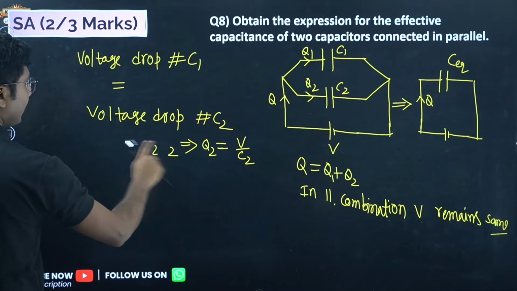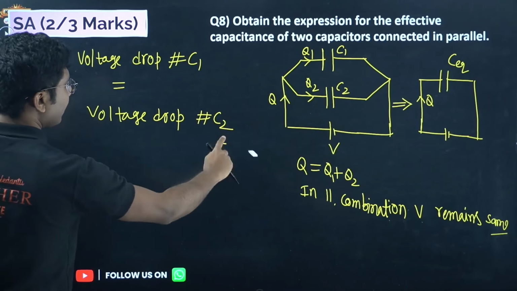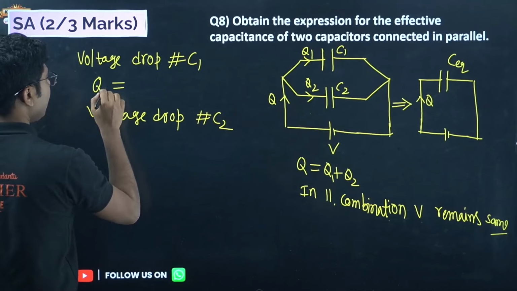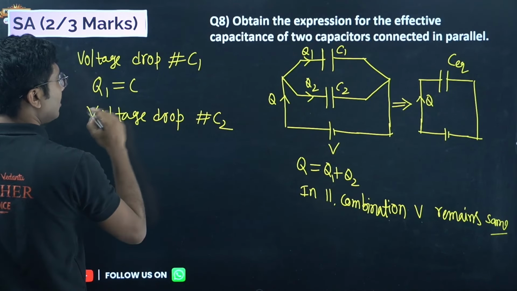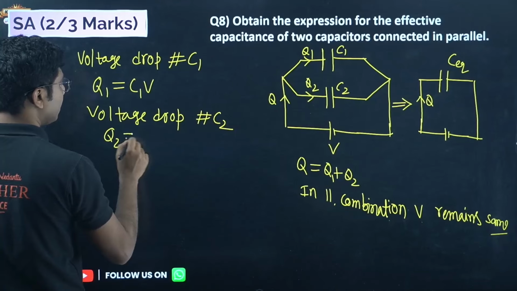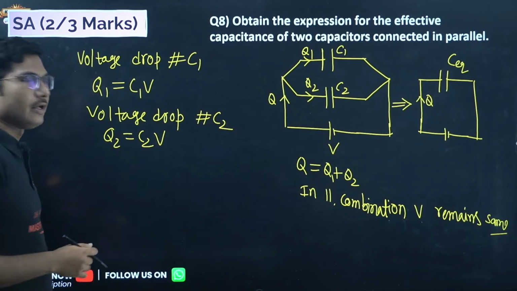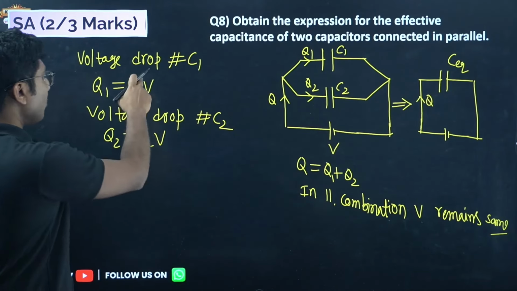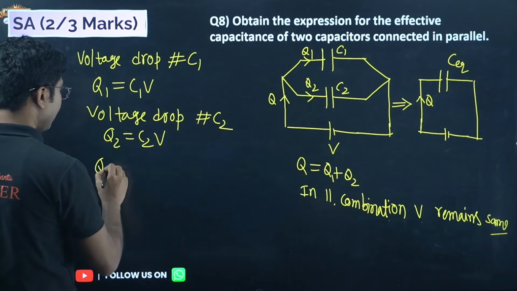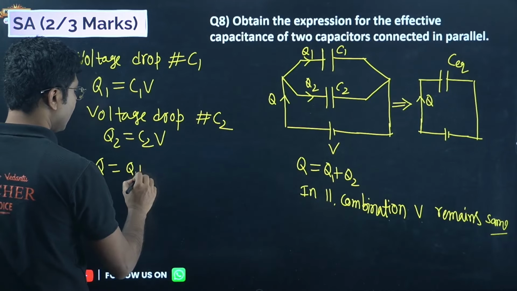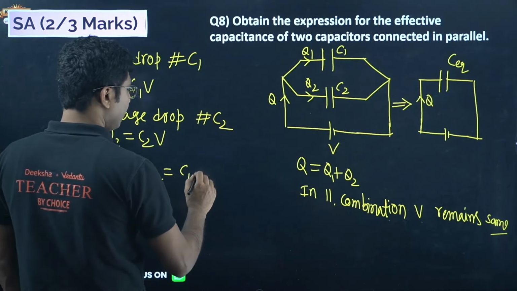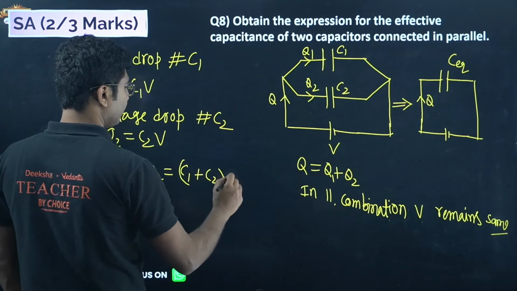Don't worry, it was purposeful to check if you have understood or not. So it will be Q1 equals C1V and Q2 equals C2V. Again voltage is the same, that's why both have the same voltage V. So what is the total charge? Total charge is Q1 plus Q2, so it will be C1 plus C2 into V.